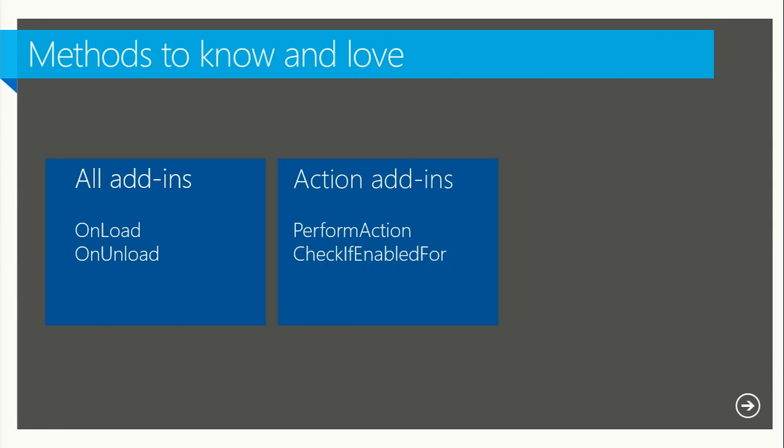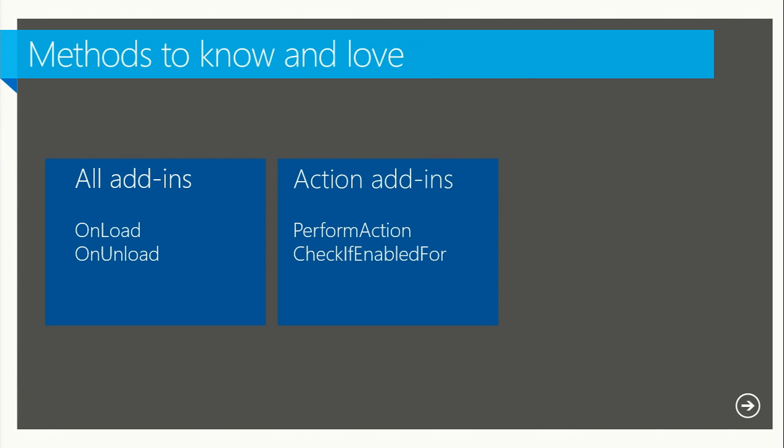For action add-ins, there are two additional methods that you can implement. There's PerformAction. This is the method we call when the user clicks the button that you've created, so that's your main set of code for what you want to do. We also have one called CheckIfEnabledFor. This is a handy little method.